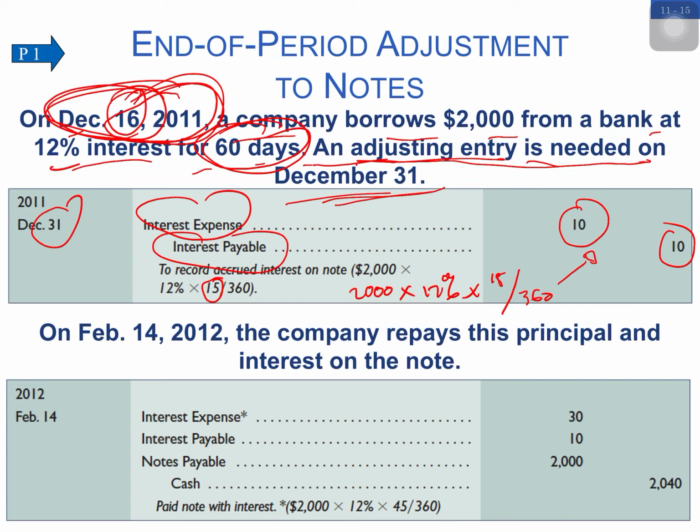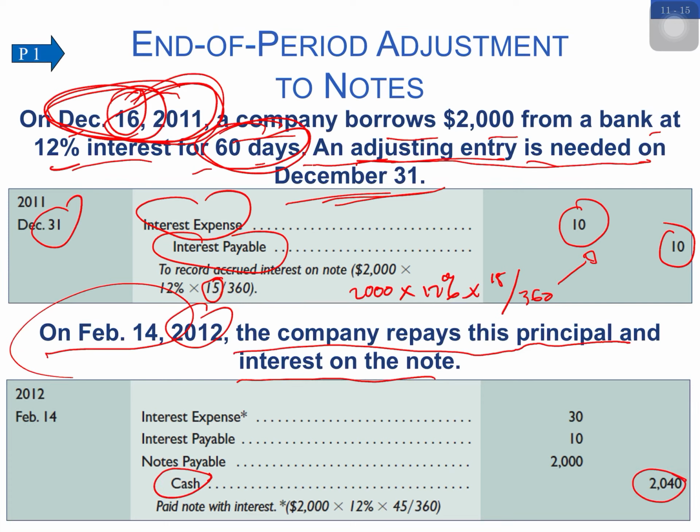And then next, on February 14, which is the deadline, February 14, 2012, the company pays the principal and interest on the note. The company will record cash $2,040, and then the interest payable $10.